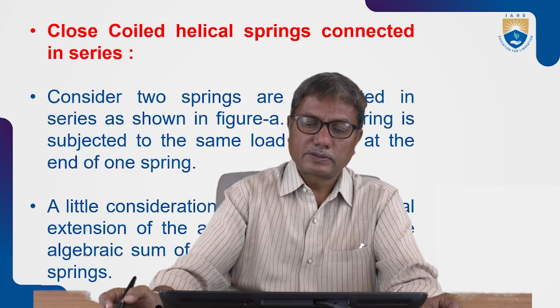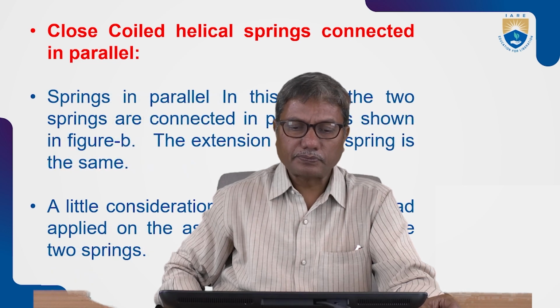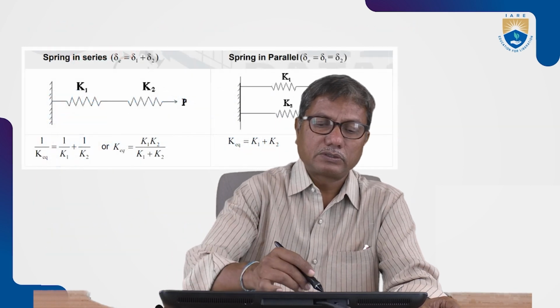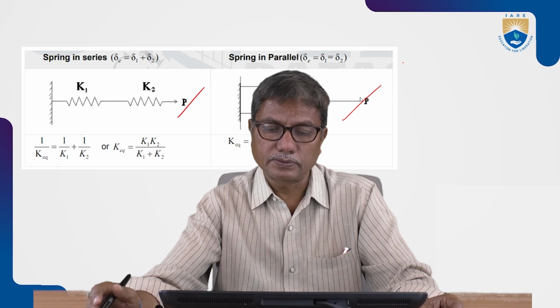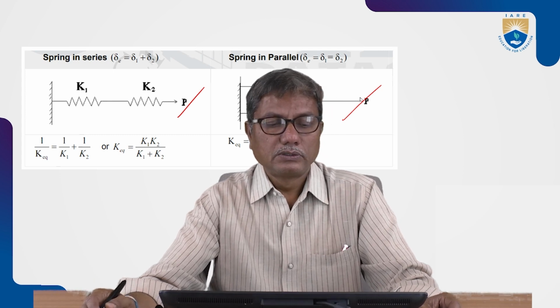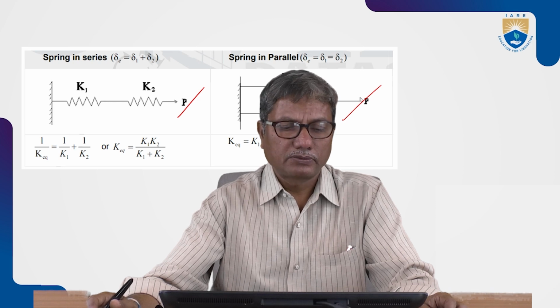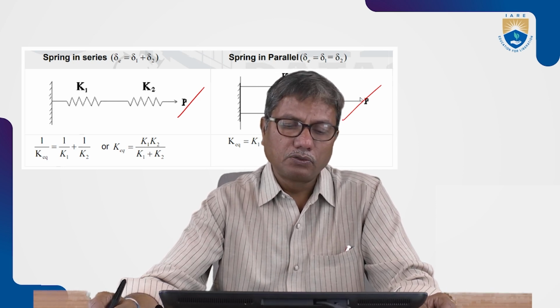Connected in series and connected in parallel. So this is the case of series connection of springs and parallel connection. So in case of series connection, a number of springs with different stiffnesses are connected in series and a load is applied.